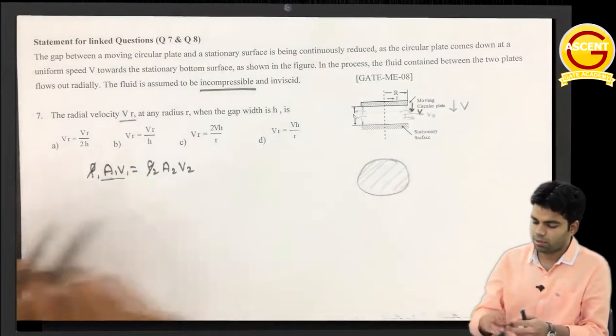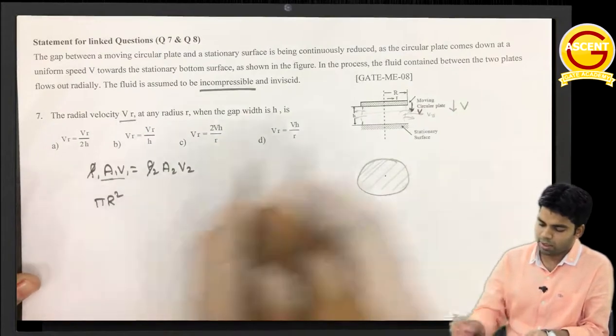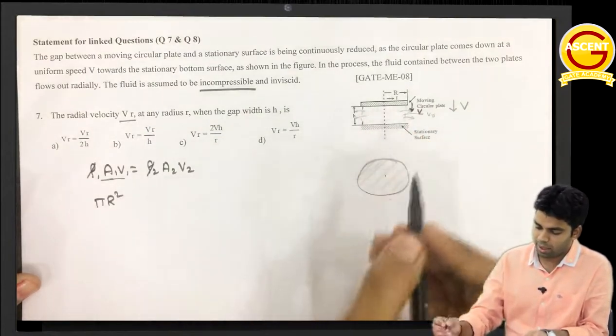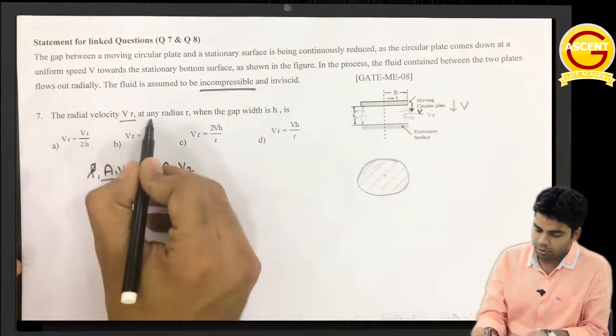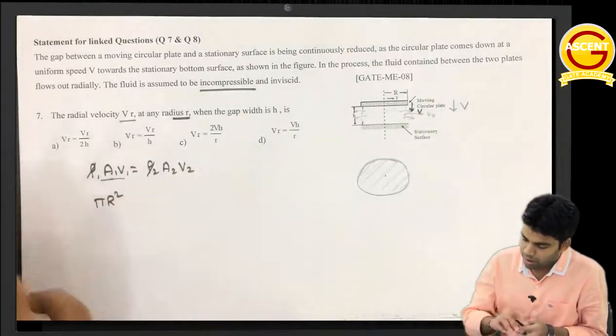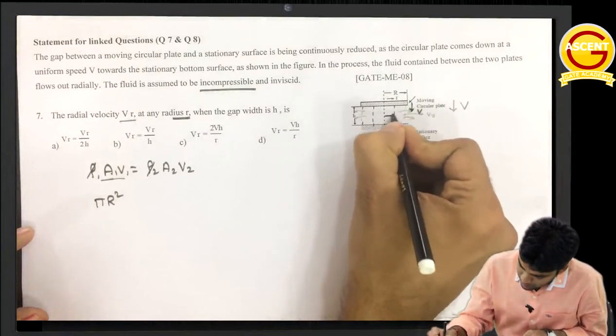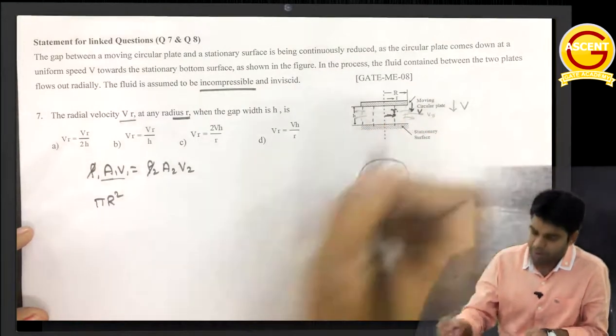So this a1 is nothing but pi r square, if the radius of the circular plate is capital R. But it is asked that we have to determine at any radius small r. So we are considering a small radius, small r, and we have to determine it here.